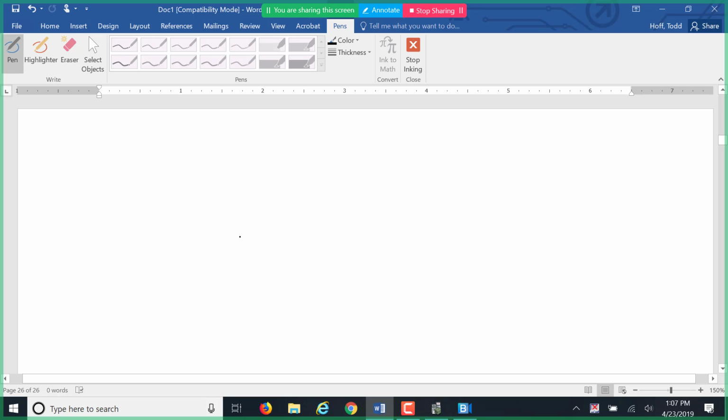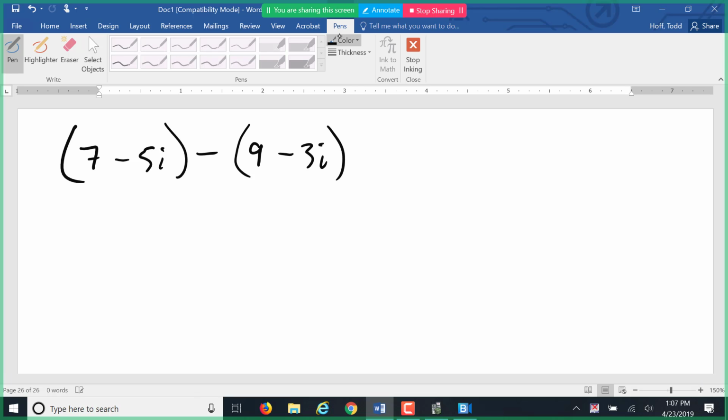Subtraction, of course, gets to be a little bit trickier. We have 7 minus 5i minus 9 minus 3i. But we're going to do the same thing. 7 and negative 5i.